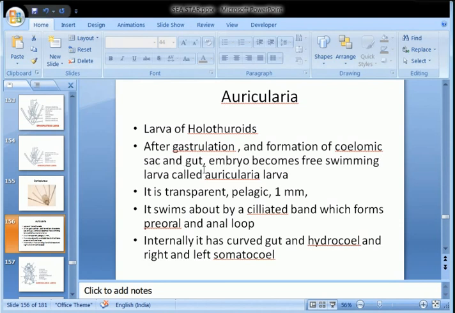Coelomic sacs, that is the exocoel, the hydrocoel, the somatocoel, etc. At this stage, the embryo becomes a free-swimming larva called auricularia larva. It is transparent, pelagic, and 1 mm. It swims about by a ciliated band, which forms the preoral loop and the anal loop. Internally, it has a curved gut and hydrocoel and right and left somatocoel.